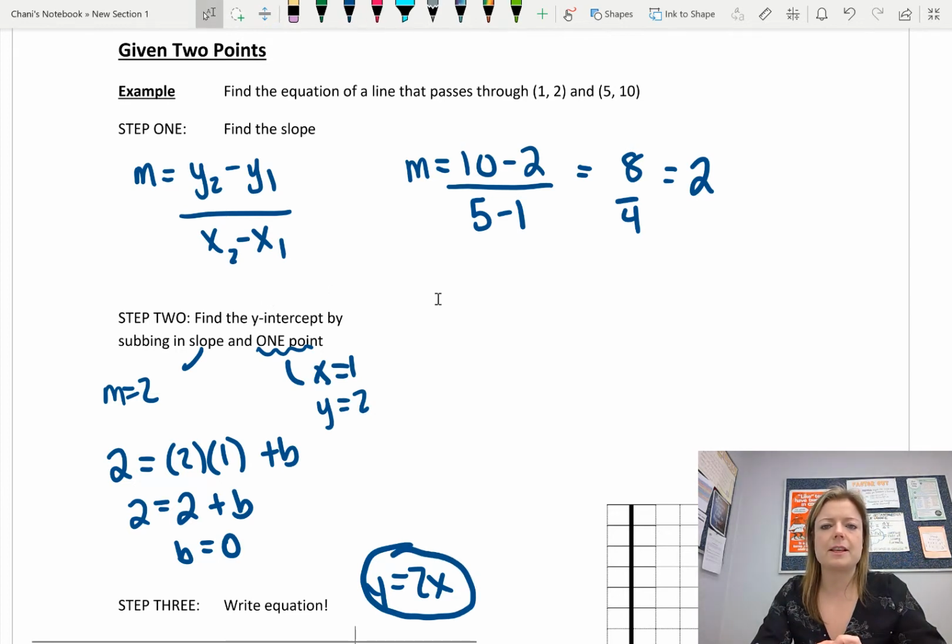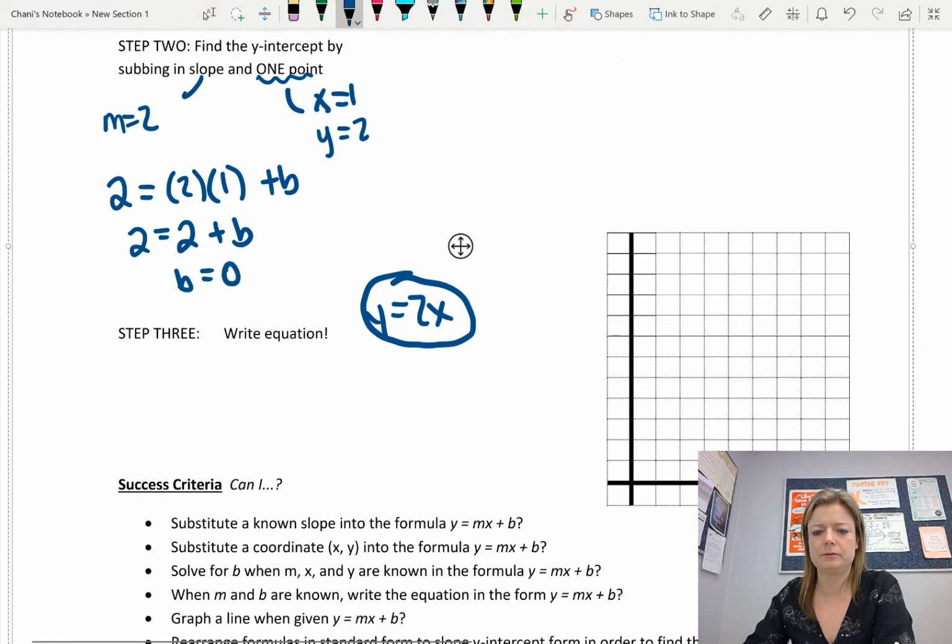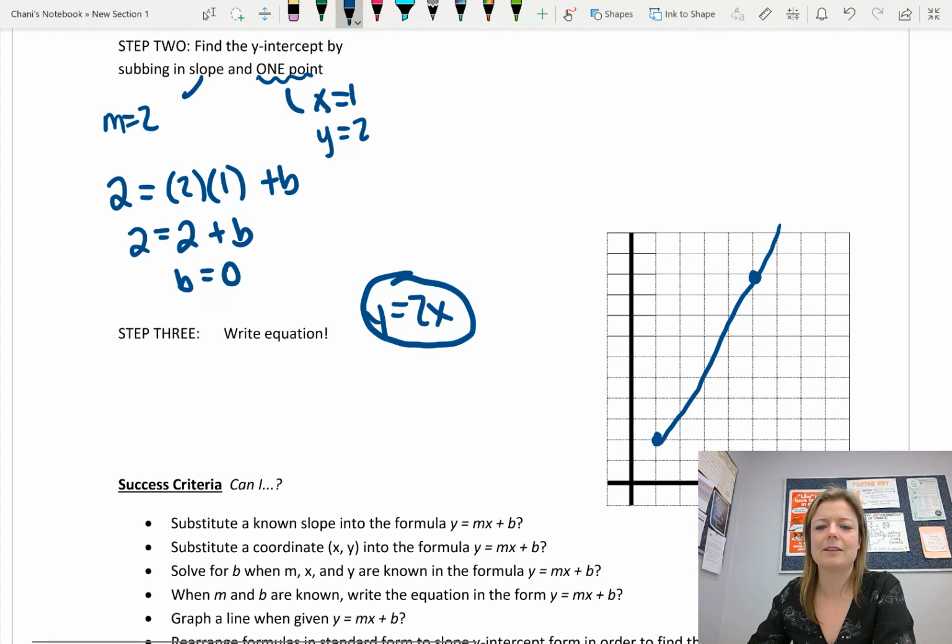So let's verify this with a graph. So the points were 1, 2, and 5, 10. Okay, so we can connect the 2 points again with a straight line, which would be a ruler, which would be really nice to have on here.